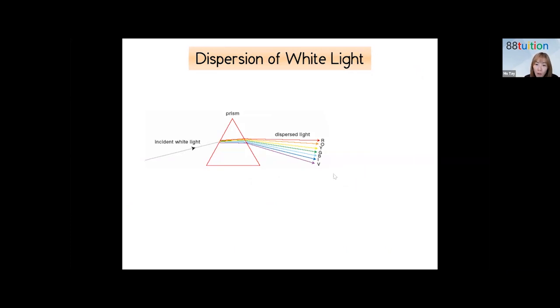Okay, so for the dispersion of white light, when you pass white light through a prism, because of the different wavelengths of the different colors, they are bending at different angles, and therefore you will always have the white light being split into 7 colors. Must remember this.